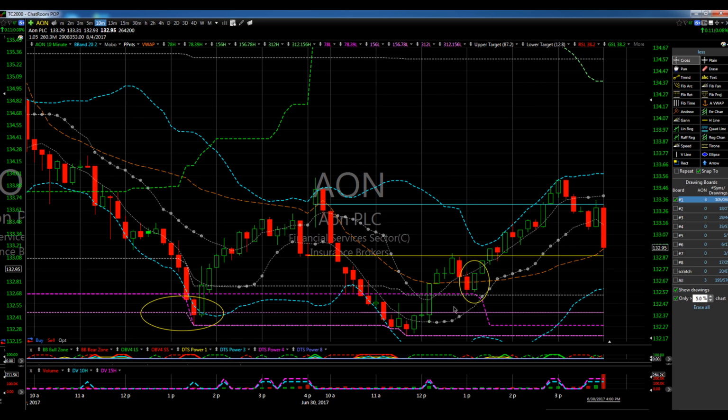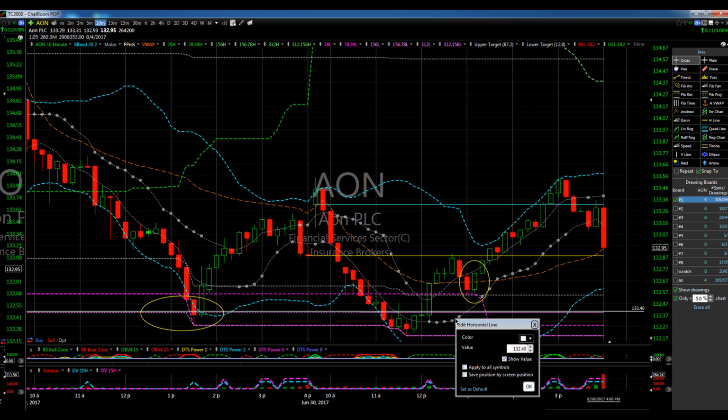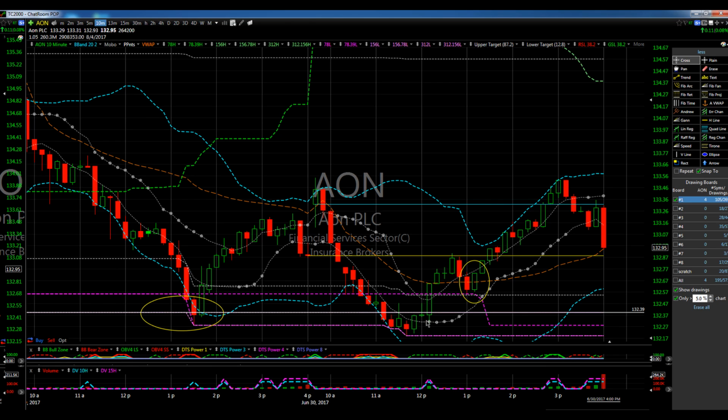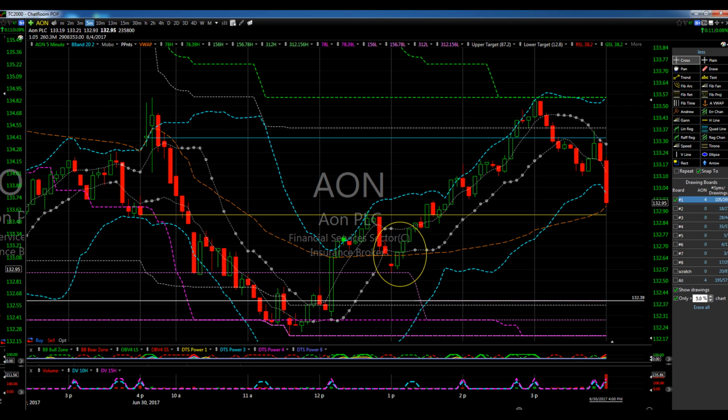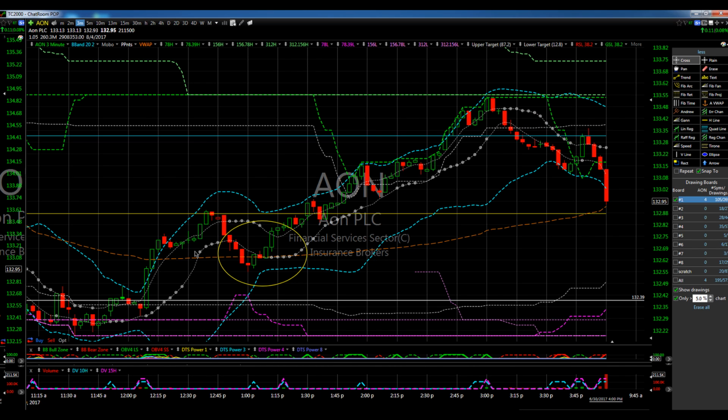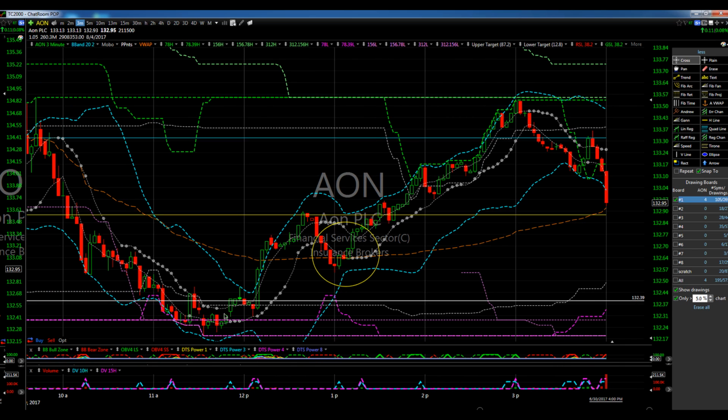What they can do is take their drawing tool and put a drawing right on their chart, exactly where I'm talking about, and then as the action creates itself around the level on the shorter time frame chart, they're aware of where it is, and if it's ever going to get through it, stay above it.